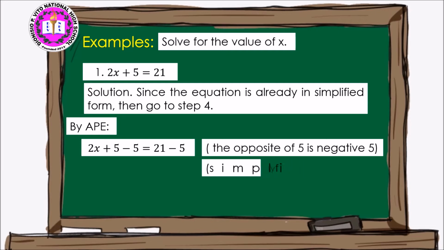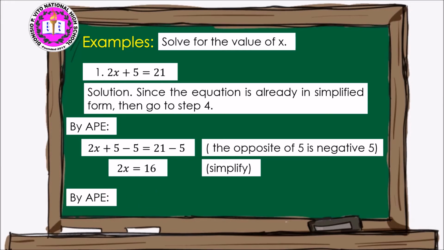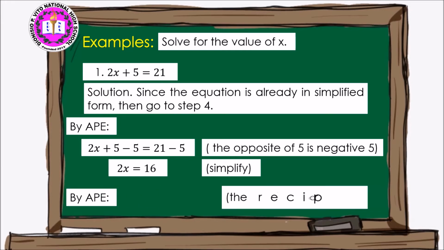So we're going to simplify that. Then we have 2x plus 5 minus 5 is equal to 2x, and 21 minus 5 is equal to positive 16. Therefore, we have 2x equal to 16. Then by MPE, the reciprocal of 2 is 1/2.